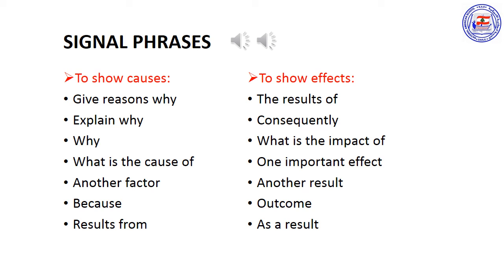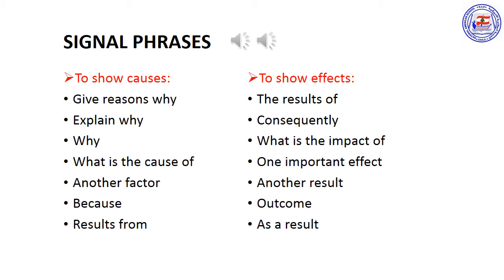Now, let's take a look at phrases that signify whether the paragraph is talking about a cause or an effect. In paragraphs in the body of an essay, these phrases are clues in determining if the focus is on causes or effects. For example, to show causes, you might see or use these words: give reasons why, explain why, what is the cause of, another factor, because, results from.